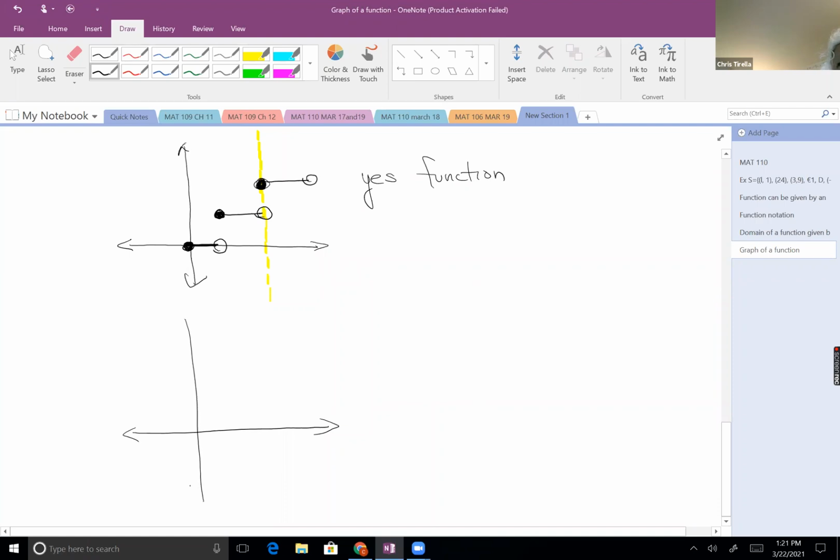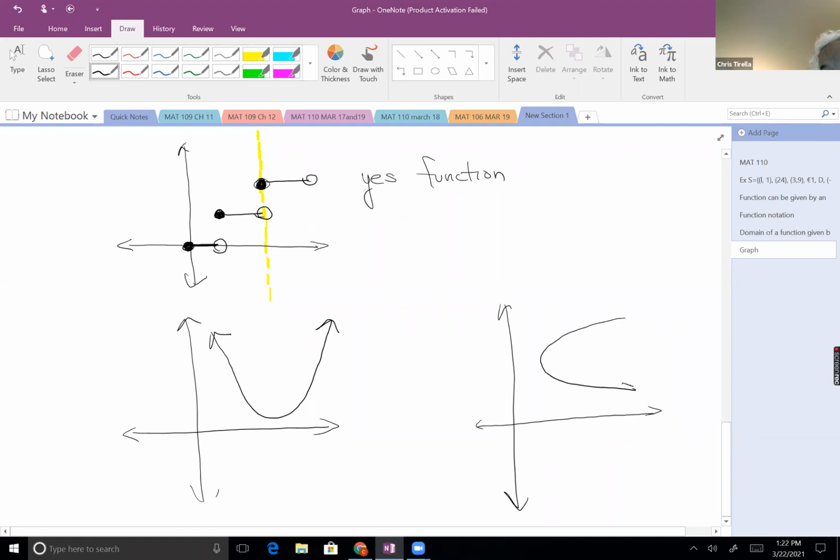Two more. We'll be graphing shapes that look like this a little bit later. It's called a parabola. We can have a parabola that opens vertically, or we can have a parabola that opens horizontally.